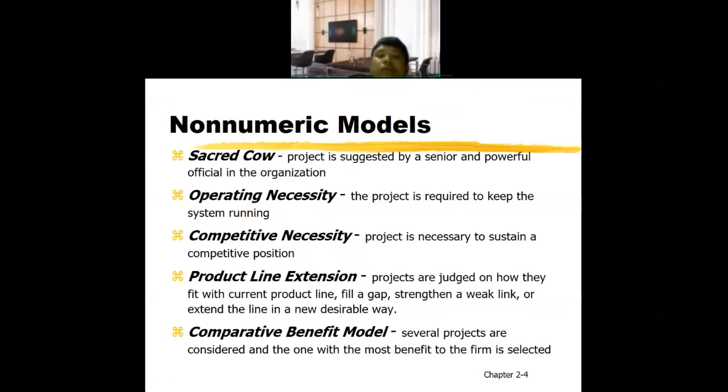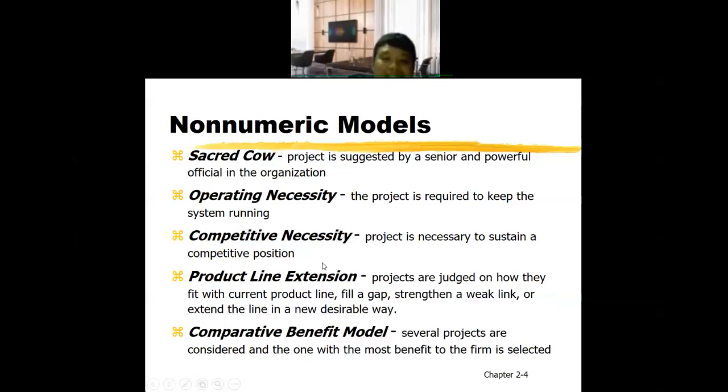So what is a non-numeric model? Non-numeric models include the sacred cow, where the project is suggested by a senior and powerful official in the organization. Operating necessity, where the project is required to keep the system running. Competitive necessity, where the project is necessary to sustain a competitive position.